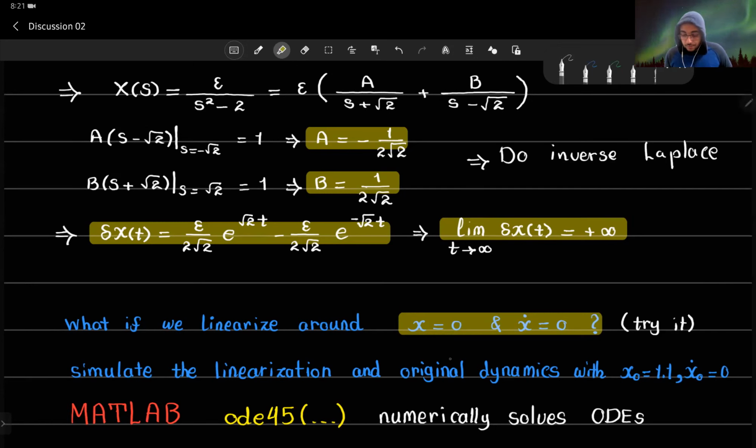Try to linearize around the origin and simulate the linearization and the original dynamics with an initial condition of, let's see, 1.1 and initial condition of 0.1.